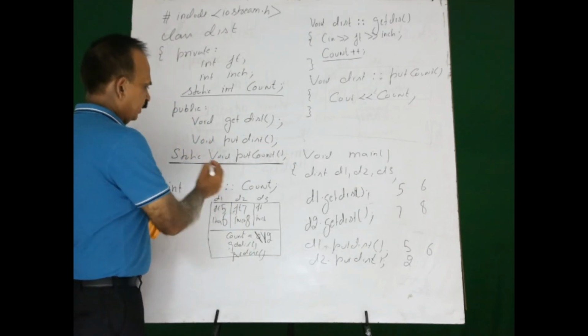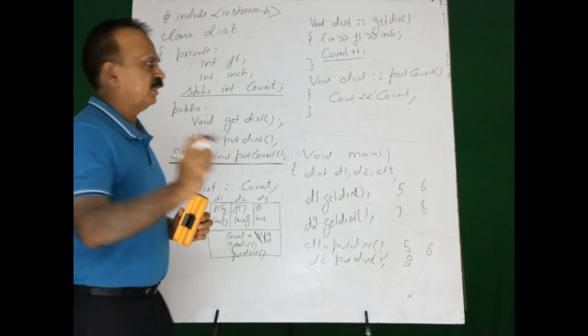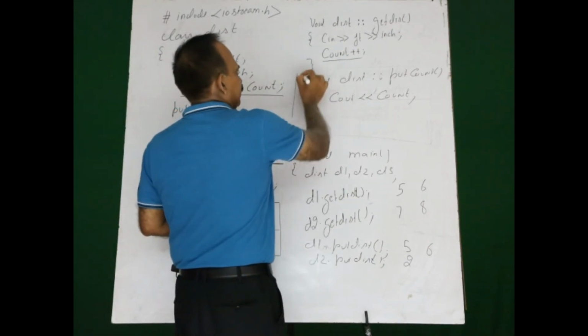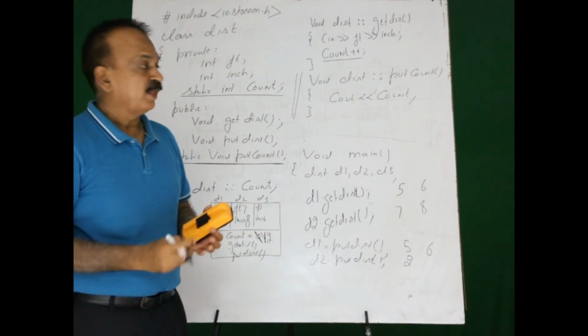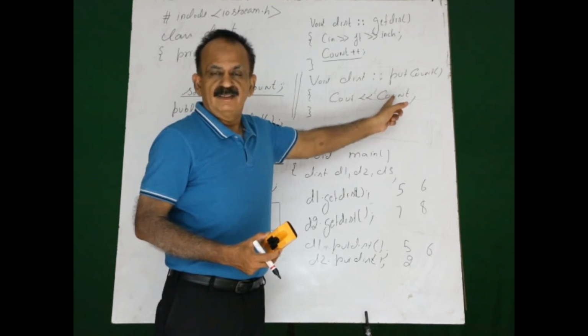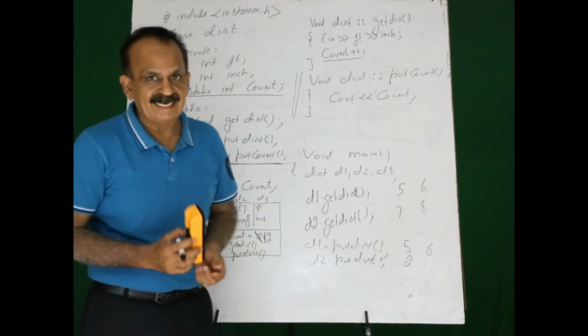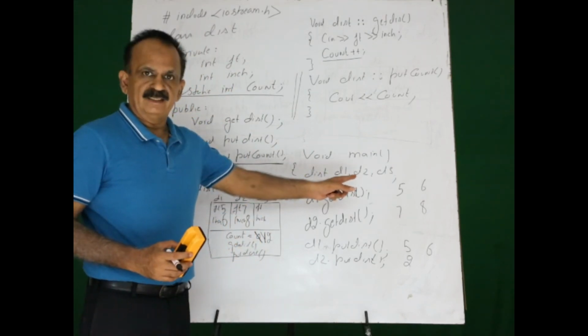Static member function, no doubt, is declared with the word static. And the second thing is, its definition is a normal definition which we use for a member function. But the very important thing is, it can use only static data items.